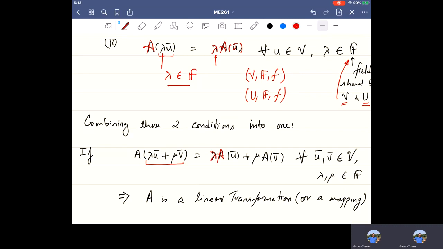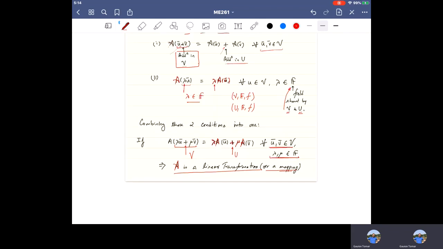This addition is taking place in the vector space U, and this addition is taking place in vector space V. The parameters lambda and mu belong to the field F. Okay, and this is true for every u and v in the vector space V, not for some. Every vector in V should satisfy this. Then we call A a linear transformation, or a mapping if you prefer. It's a linear mapping.